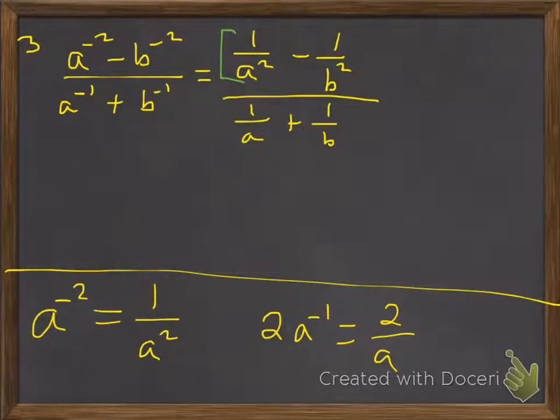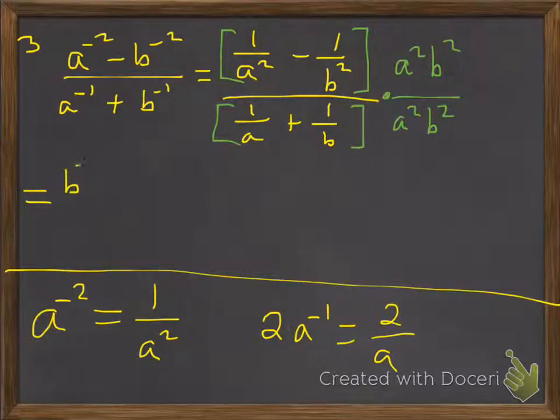Our common denominator here is a squared b squared, so we multiply the top and the bottom of this complex fraction by the common denominator. Then we distribute the a squared b squared to the top, and we get b squared minus a squared divided by ab squared plus a squared b.